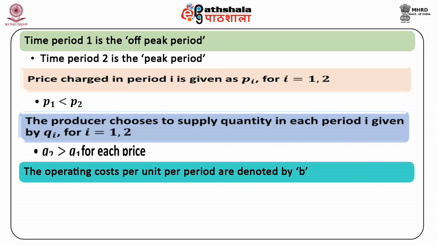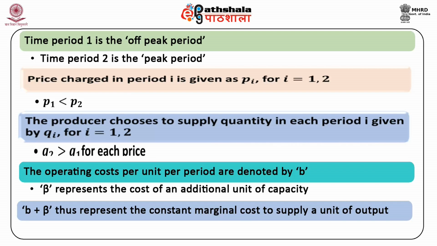The operating costs per unit per period are denoted by b, and beta represents the cost of an additional unit of capacity. Both of these are assumed to be constant. b plus beta thus represent the constant marginal cost to supply a unit of output.